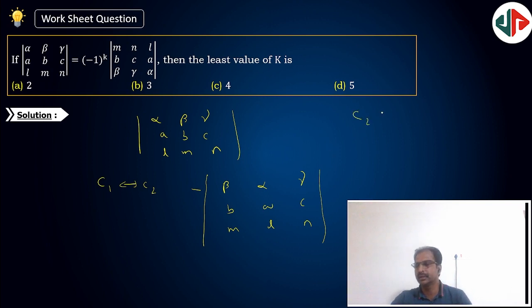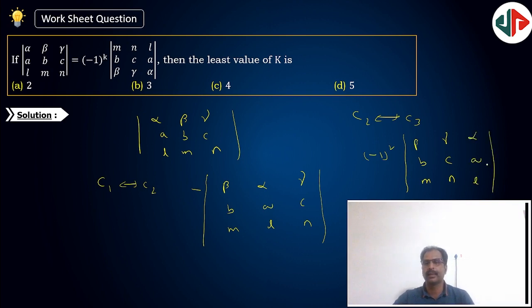Next again, interchange C2 and C3. You'll get one more negative sign, so minus 1 whole square. Beta B M, gamma C N, alpha A L.